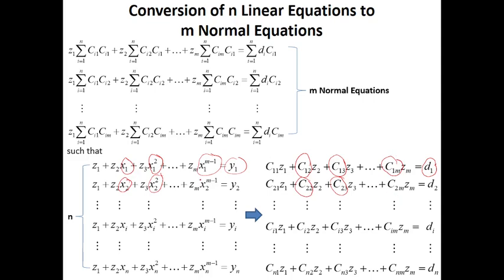So, ganun siya. So, then we have x sub 2 raised to m minus 1, that is C sub 2n, no? Constant. Okay? So, ito yung ating n linear equations.